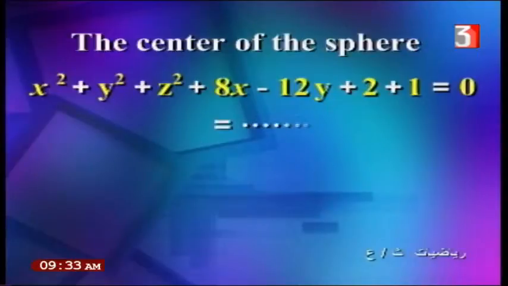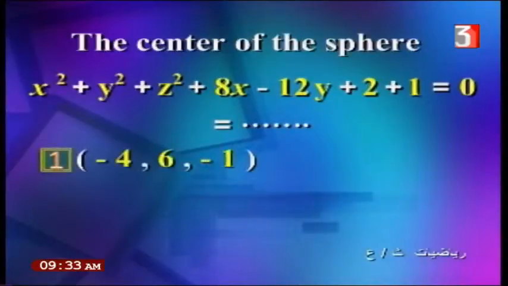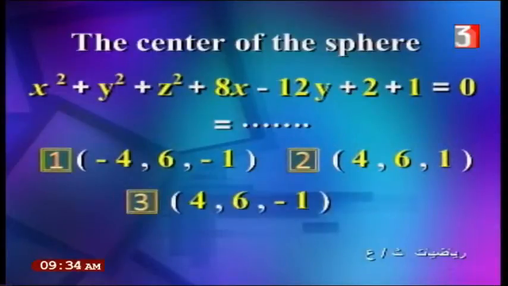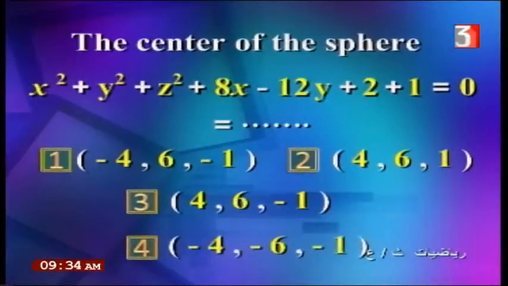Choose the correct answer. Number 1, negative 4, 6, negative 1. Number 2, 4, 6, 1. Number 3, 4, 6, negative 1. Number 4, negative 4, negative 6, negative 1.